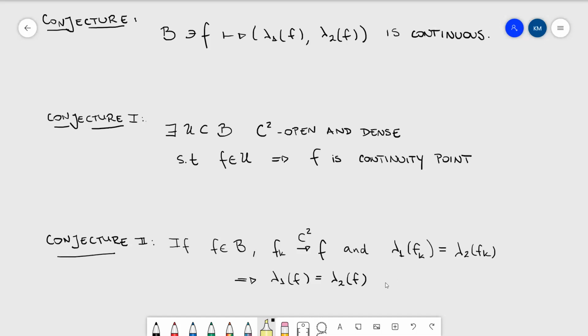Bocquet-Magne says that I can find maps with different Lyapunov exponents that are approximated in the C1 topology by maps that have equal Lyapunov exponents. So I want to prevent that. I want to prove that in my setting, Bocquet-Magne is not happening. So I have these two conjectures that give good evidence of what happens for the general conjecture.